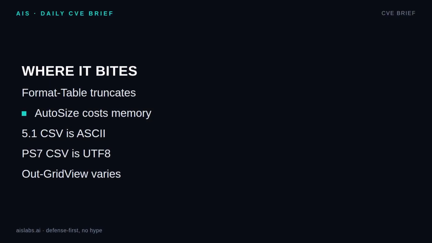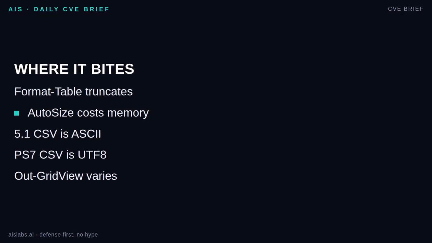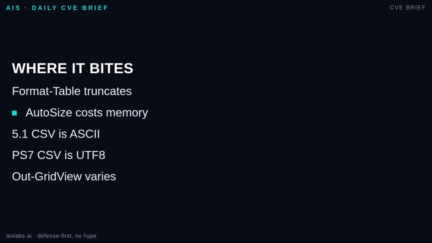A few traps still catch good admins. Format-Table can truncate wide properties because it is fitting a screen, not preserving a record. -AutoSize can require PowerShell to inspect the whole result before displaying it, so do not throw it casually at massive output. Windows PowerShell 5.1 and PowerShell 7 differ on CSV encoding. 5.1 defaults to ASCII, while PowerShell 7 uses UTF-8 without a byte order mark.